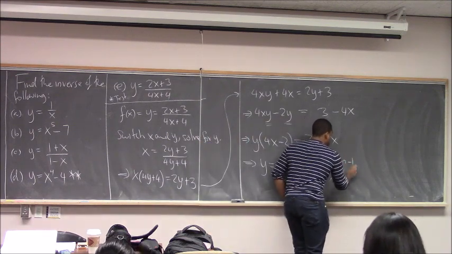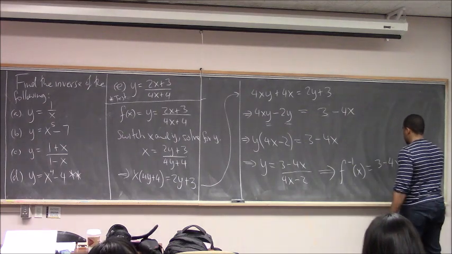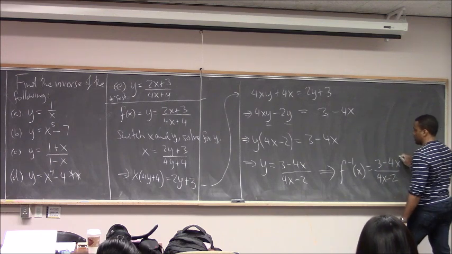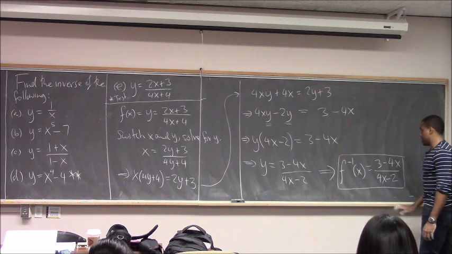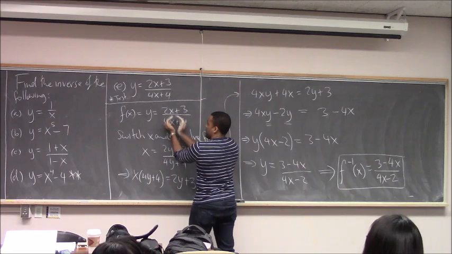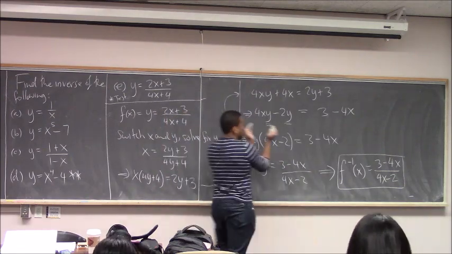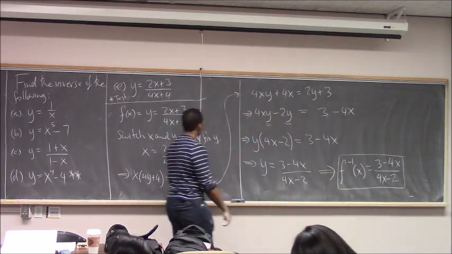So your answer would be f inverse of x is the function 3 minus 4x over 4x minus 2. And again, you can check this. You take this whole thing and put it here and here, it'll simplify and you'll just get x. Take this whole thing and put it here and here, it should simplify and give you just x.